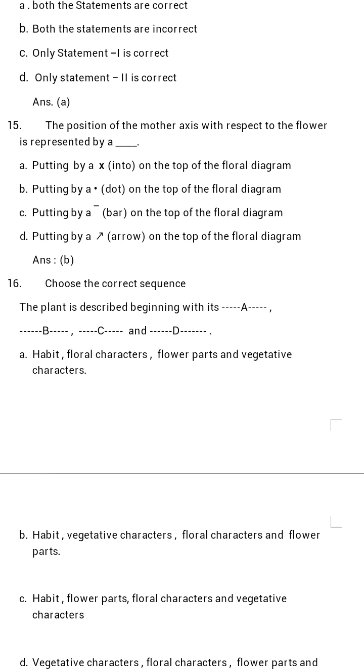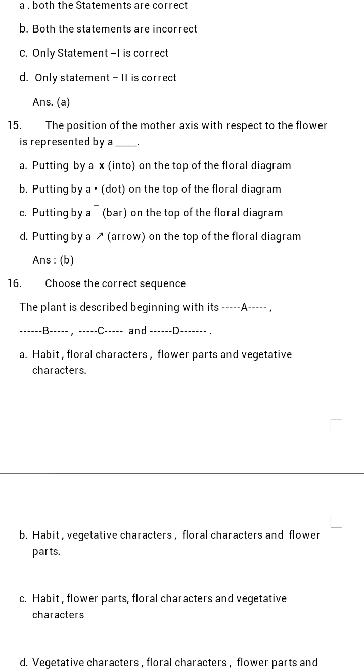Option D. Putting an arrow mark on the top of the floral diagram. So here the mother axis in a floral diagram can be indicated by putting a small dot over the floral diagram. So the correct option for this question is option B. This is a very important concept. Please remember and make a note.